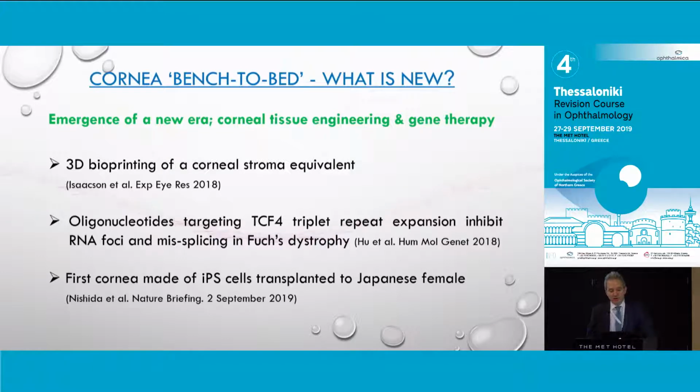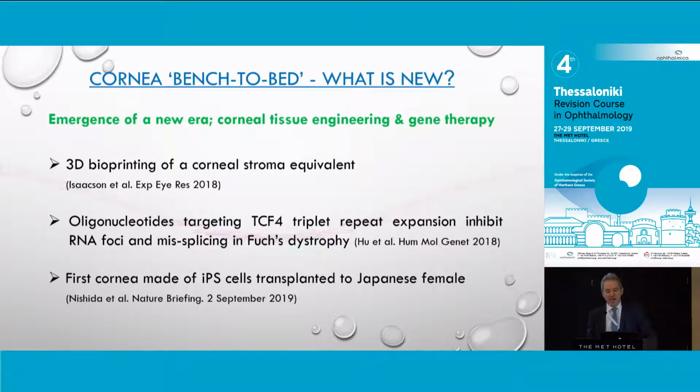What has been new in the field since last time we all met up? We actually experienced the emergence of a new era, and in the cornea field there's been a major breakthrough within the last 10 years maybe, with major highlights in the domain of corneal tissue engineering and gene therapy over the last 5 years maybe.